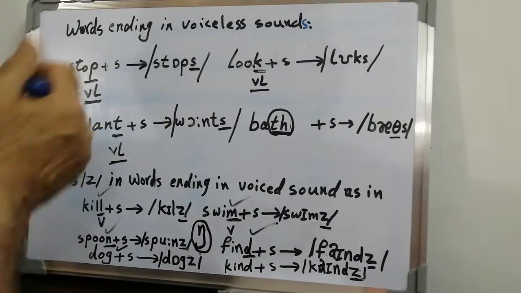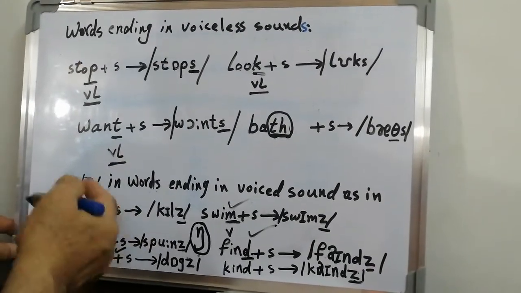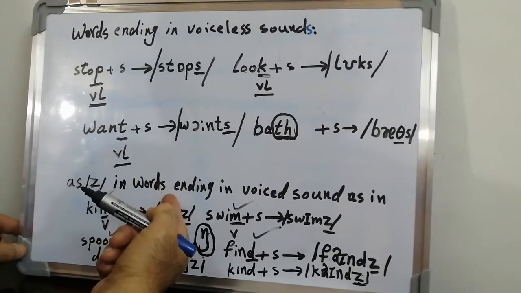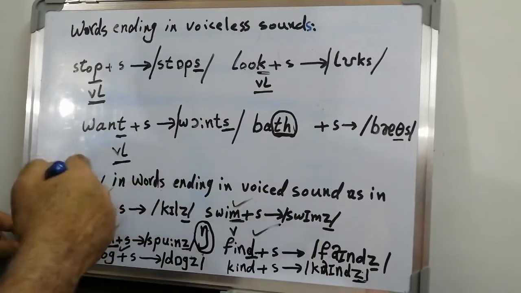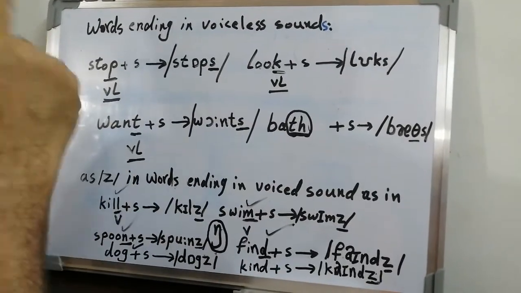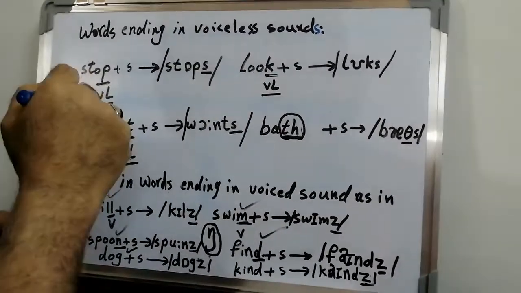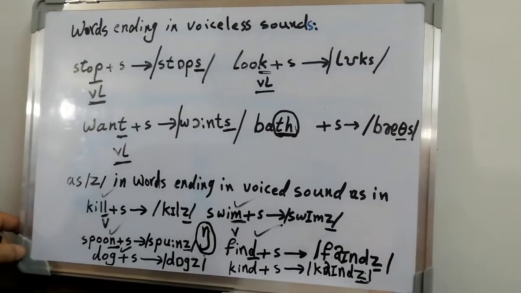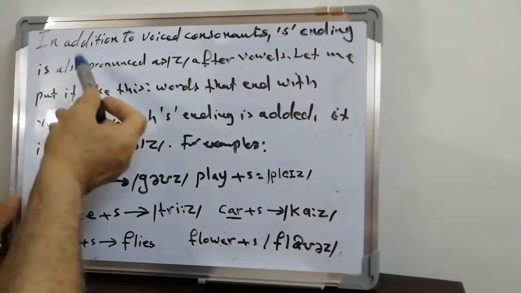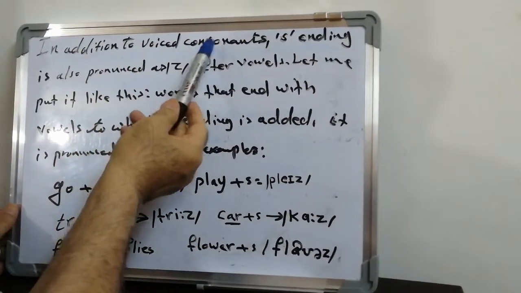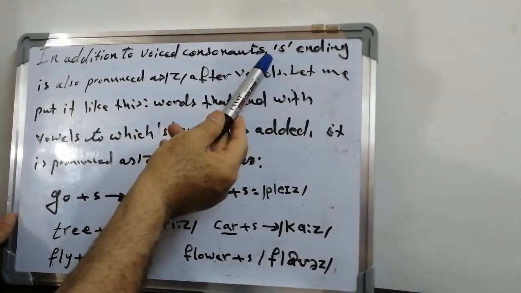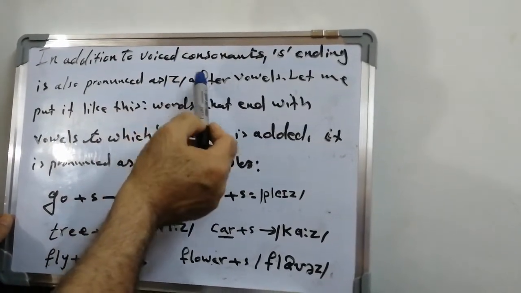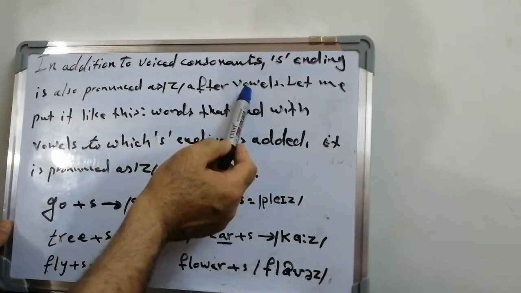So the point is this: when a word ends in a voiced sound, one of these voiced sounds or any voiced consonant sound, put this in your mind, consonant sound, it is pronounced as the /z/ sound. Okay. In addition to voiced consonants, the s ending is also pronounced as /z/ after vowels.